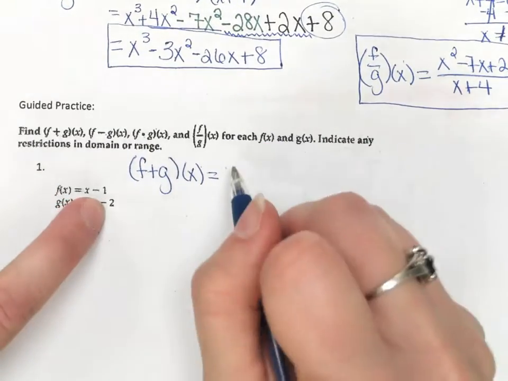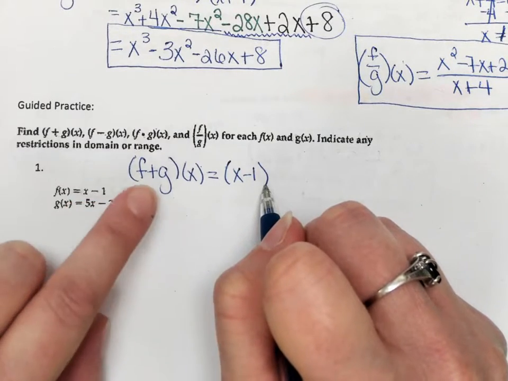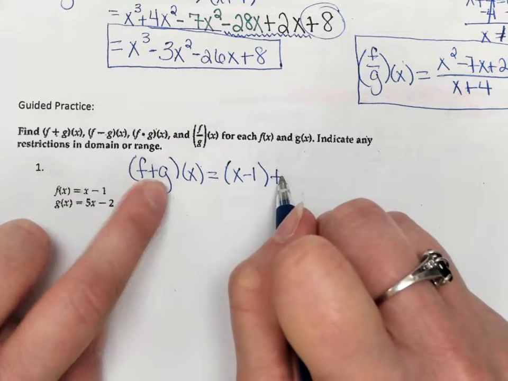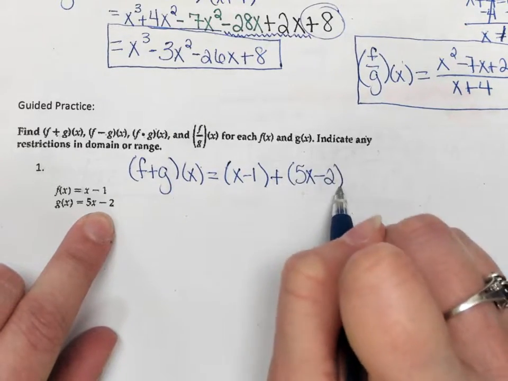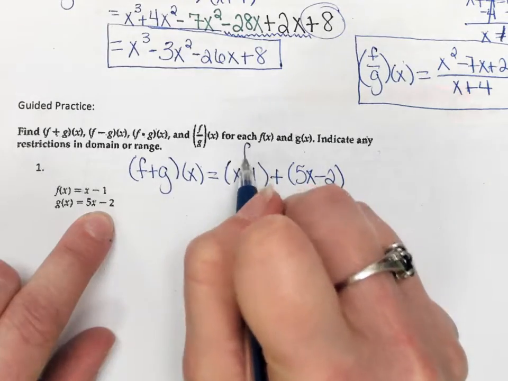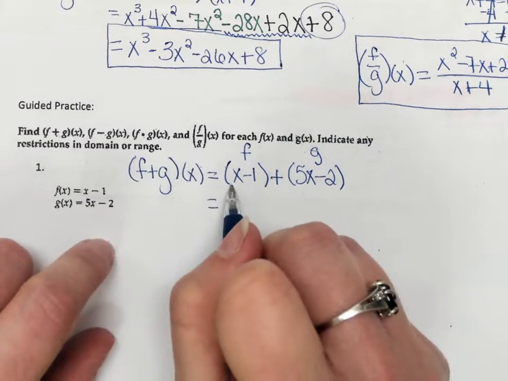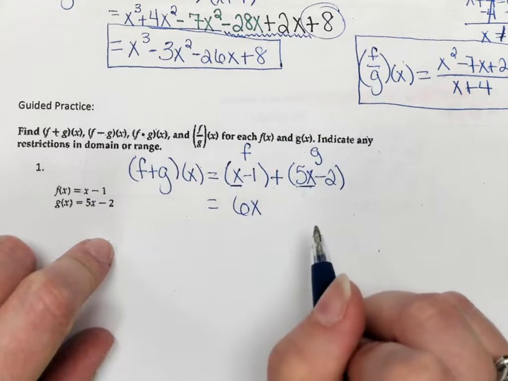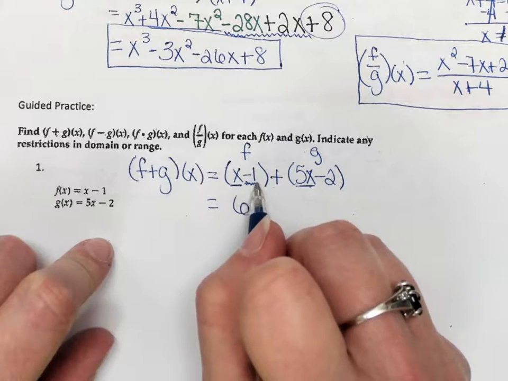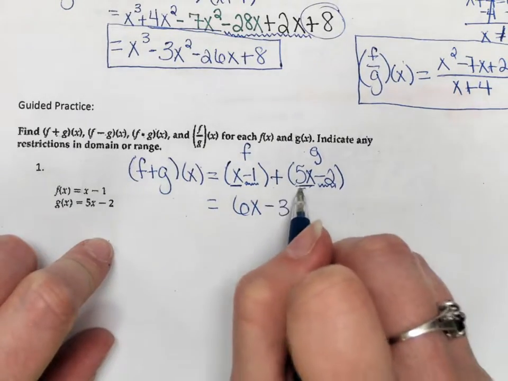You're going to take your f of x function, which is x minus 1, and then you're going to add your g of x function, which is 5x minus 2. So this was f of x, this was g of x, okay? All right, so here we go. You have x plus 5x, which is 6x, and you have negative 1 plus negative 2, which is negative 3.